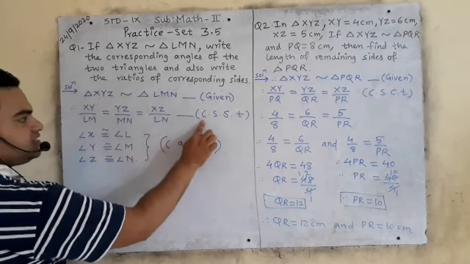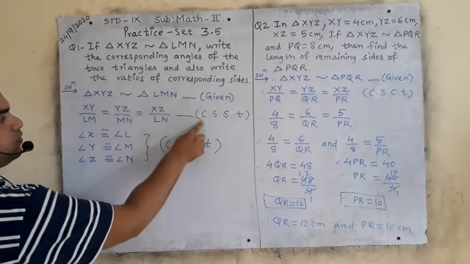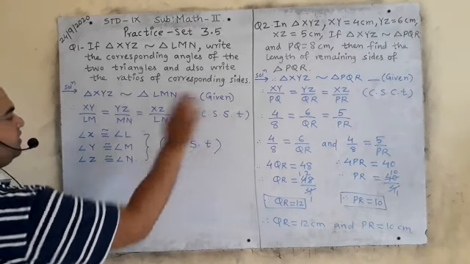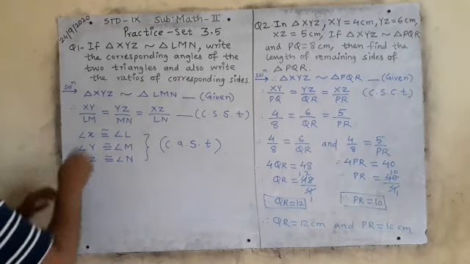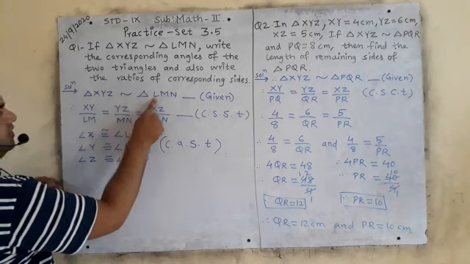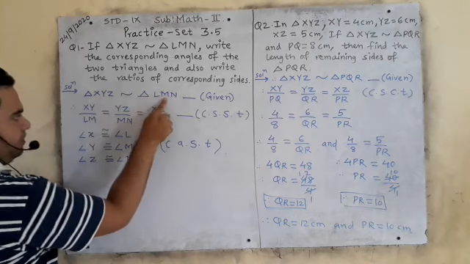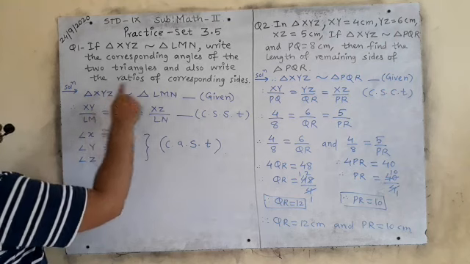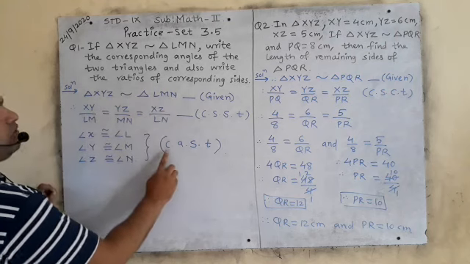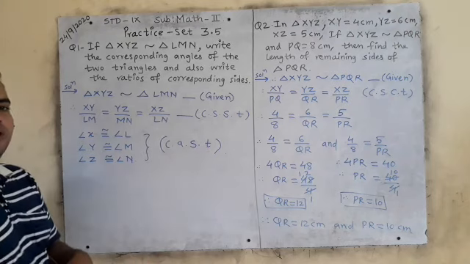These are the corresponding sides of similar triangles. Now we will write that angle X is congruent to angle L, angle Y is congruent to angle M, angle Z is congruent to angle N. Why? Because corresponding angles of similar triangles are congruent to each other.